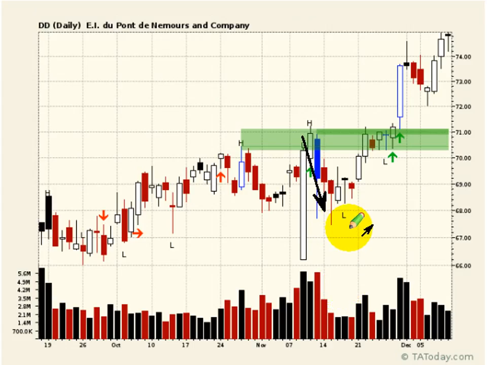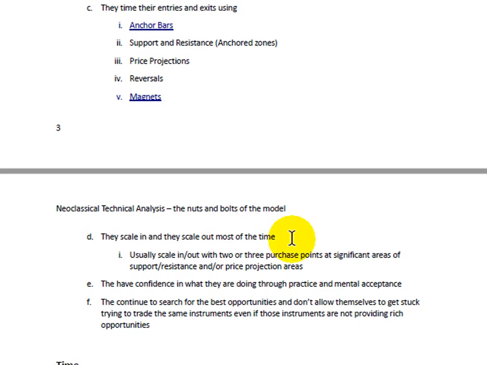Your odds are the best because you're getting lower and lower to wherever your stop's going to be. And so you've got to have confidence that this stuff is going to work. And given that we know what the probabilities of it working are, it's just like the casino. The house wins. If you put the odds in your favor enough, you're going to end up winning. And so through practice and mental acceptance, you gain that confidence to make those kinds of trades.